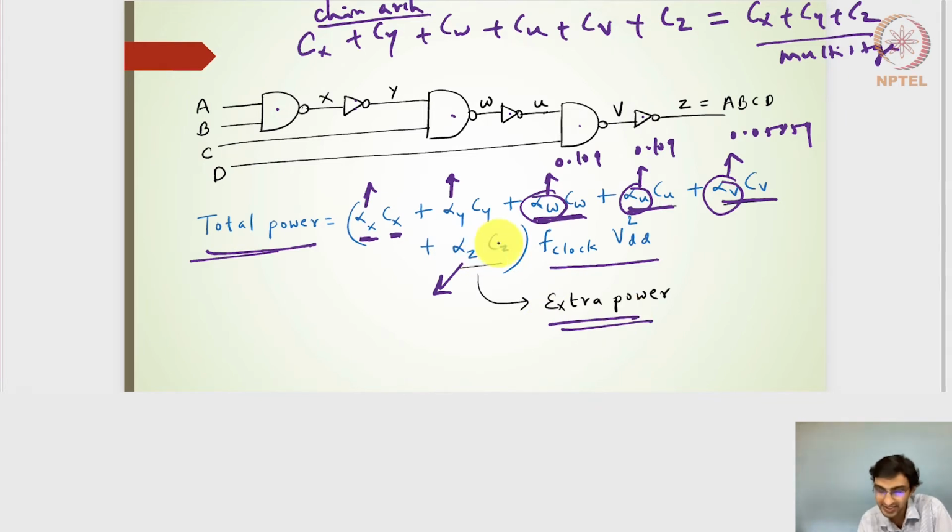In this particular case, alpha v is 0.1875 and alpha z is also 0.1875, so we can choose one of them. If I choose alpha v along with alpha x and alpha y from the previous case, I will still have alpha z, alpha w and alpha u multiplied by some capacitances, and overall the power is going to increase.